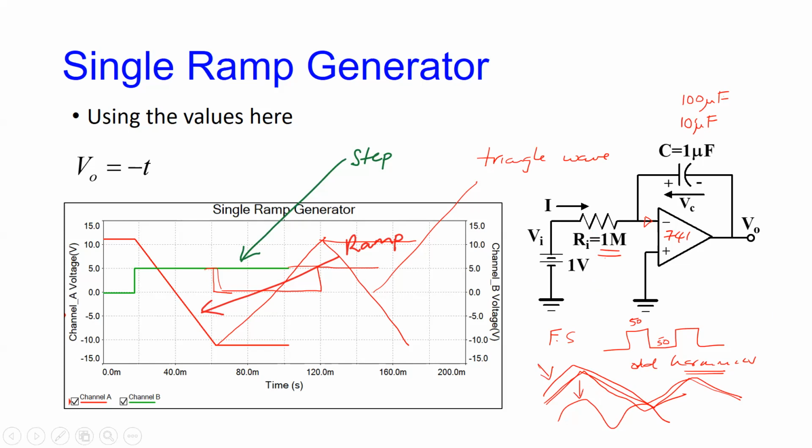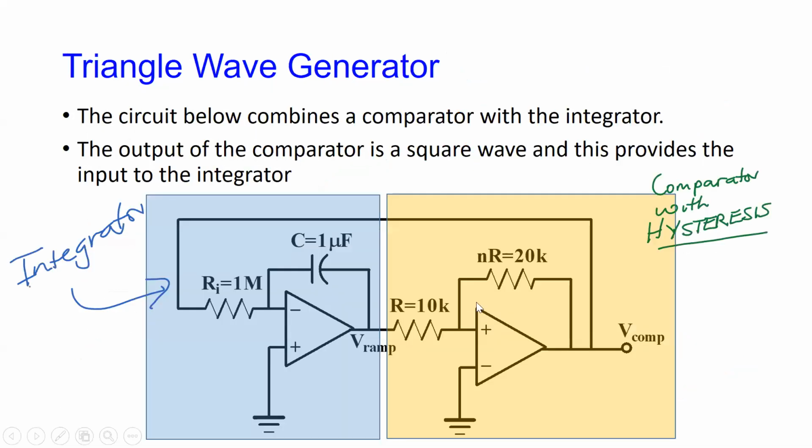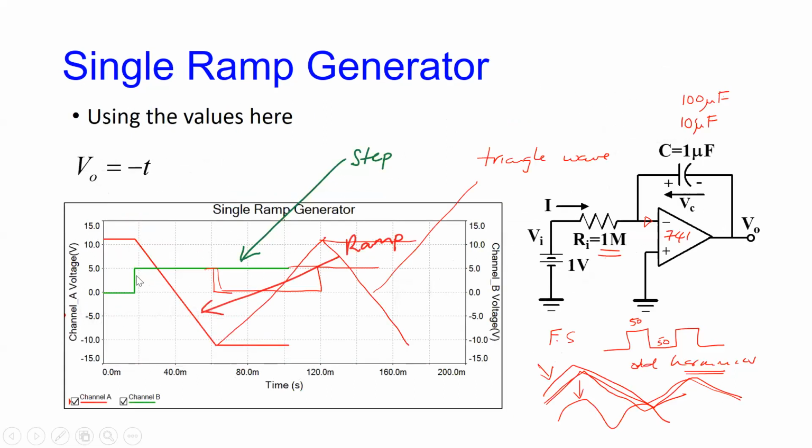So let's talk a little bit now about the triangle wave itself. As I said, what I need to do is to create an input that is switching steps, positive going steps and negative going steps. So what kind of signal does that? A square wave.